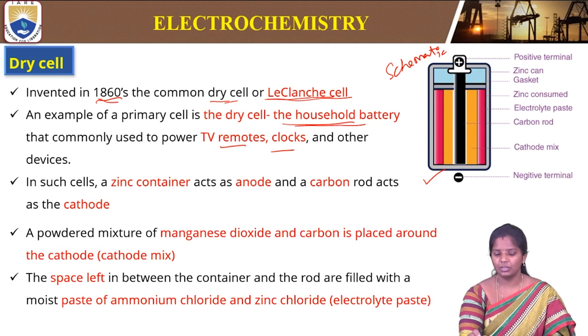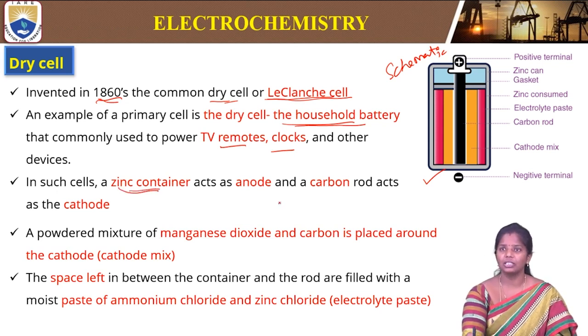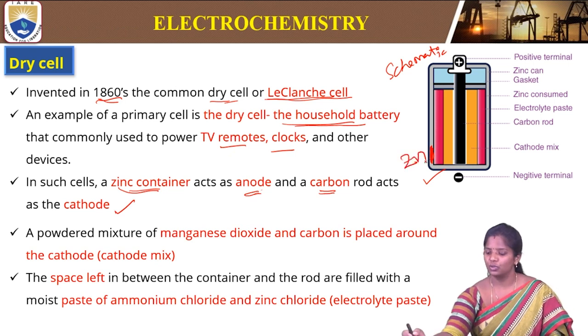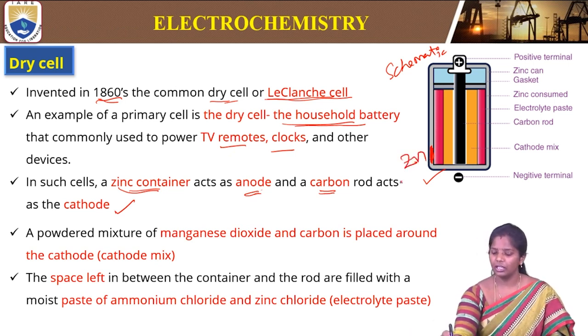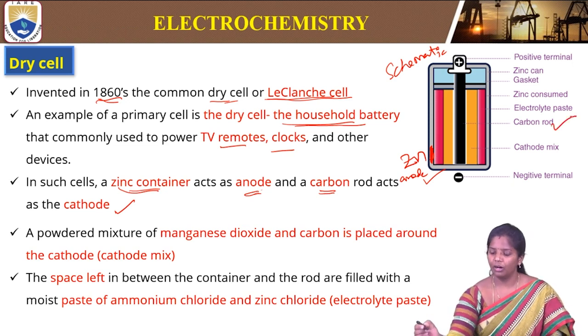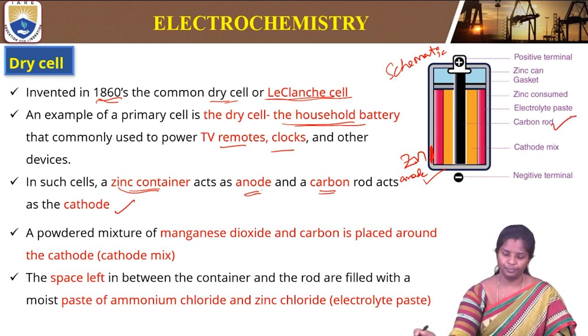In such cells, the zinc container itself acts as an anode, and the carbon rod acts as a cathode. The container in gray color is made up of zinc, and the black one is the carbon rod cathode.